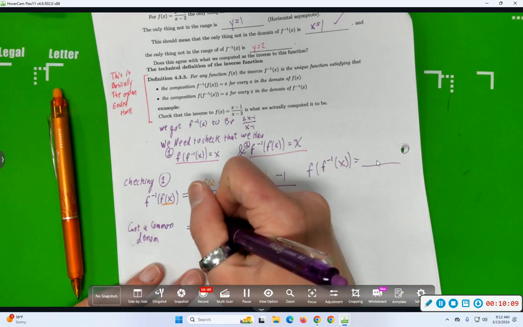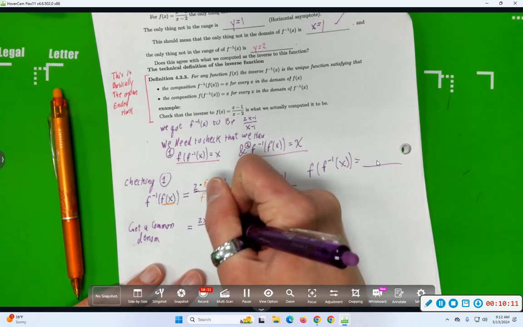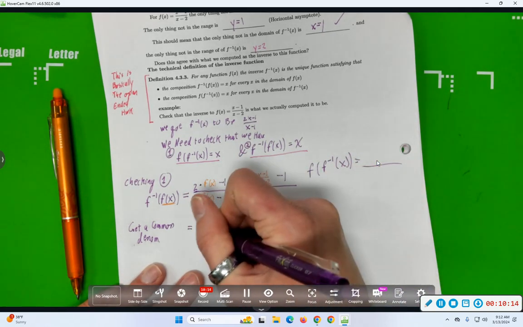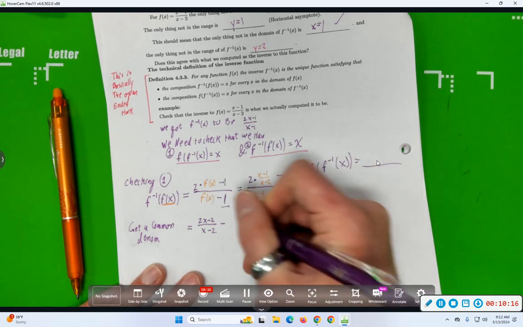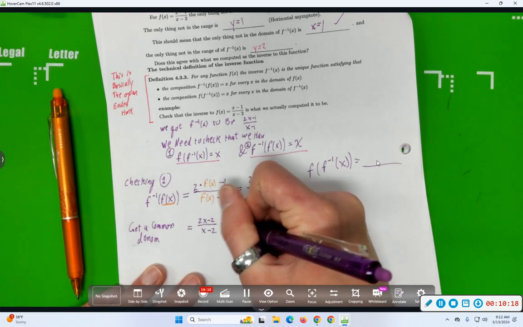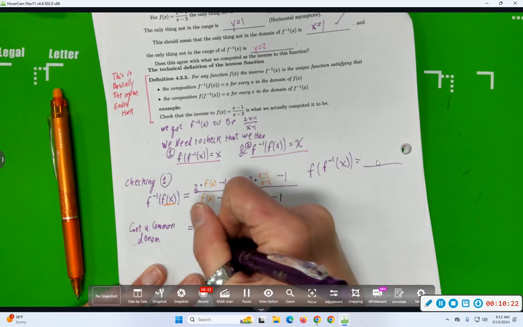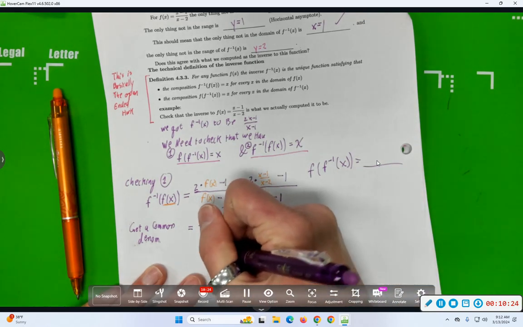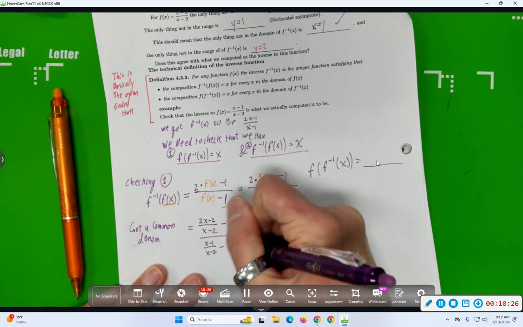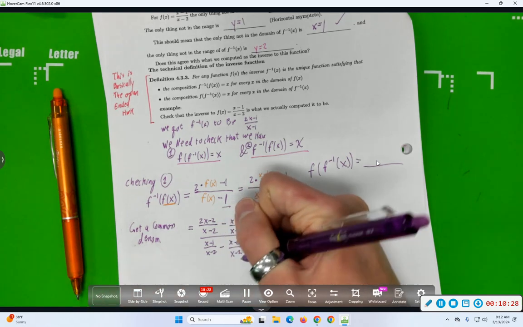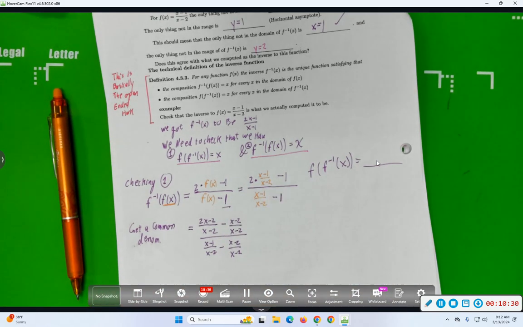So that'll be 2x minus 2 all over x minus 2 minus x minus 2 over x minus 2, all over x minus 1 over x minus 2 minus x minus 2 over x minus 2. So far so good? All I've done is replace those two ones with other things that are equal to 1.